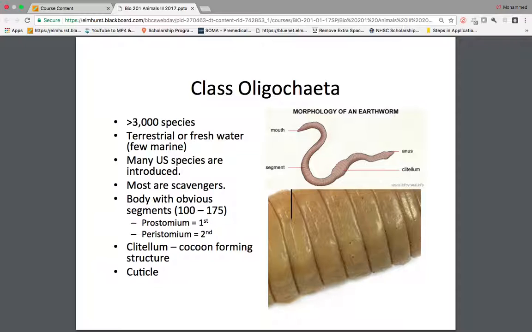The next class are the ones that you probably do know a lot about, oligochaetes, or earthworms. I have about 40 to 50,000 earthworms in my basement. If anybody would like some earthworms, I can lend you some, or you can have them. I've got a whole composting system in my basement.